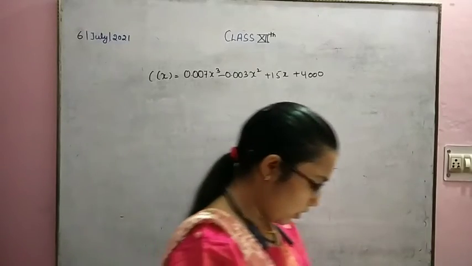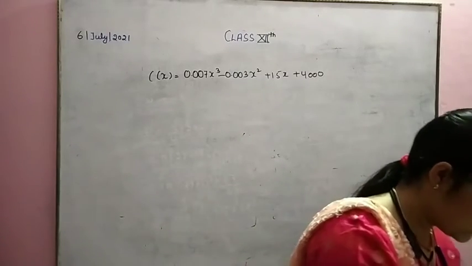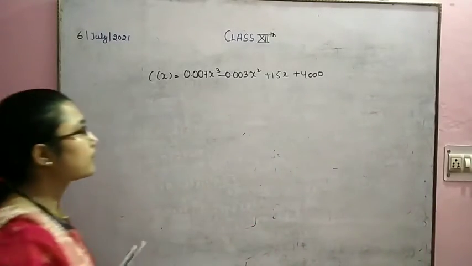Find the marginal cost when 17 units are produced.